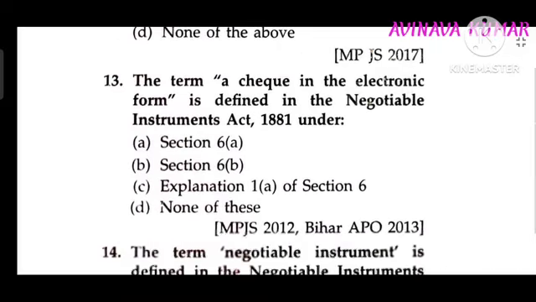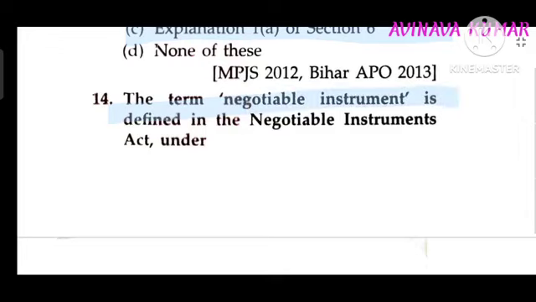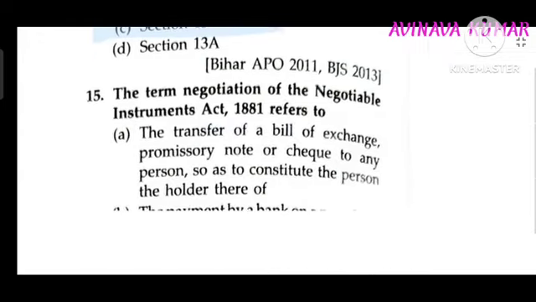Check is a bill of exchange. The term check in electronic form is defined in NIA under explanation 1A of section 6. The term negotiable instrument defined in NIA under section 13.